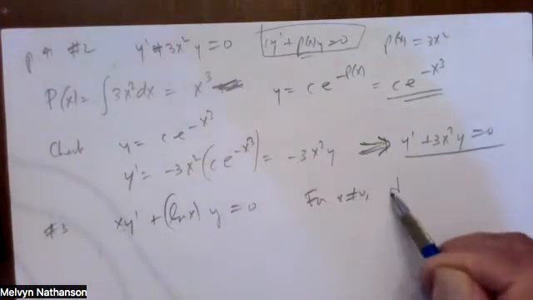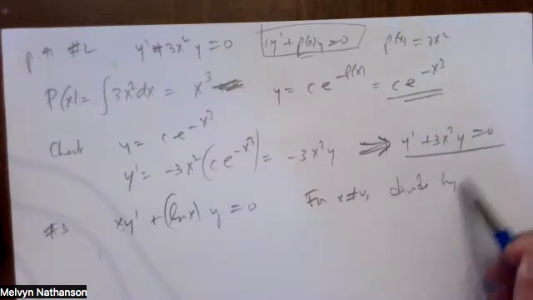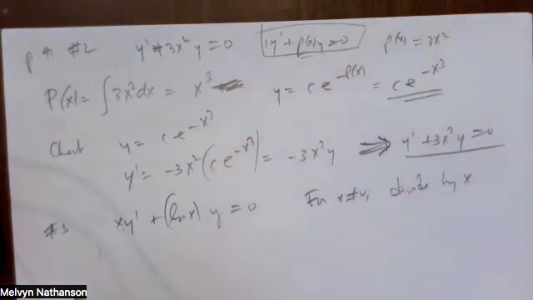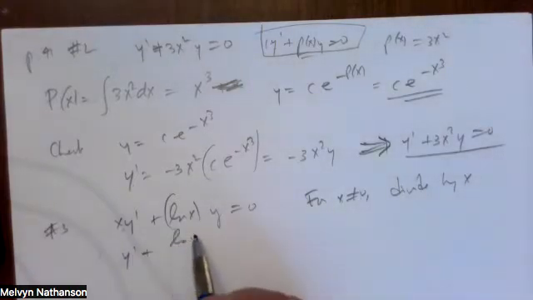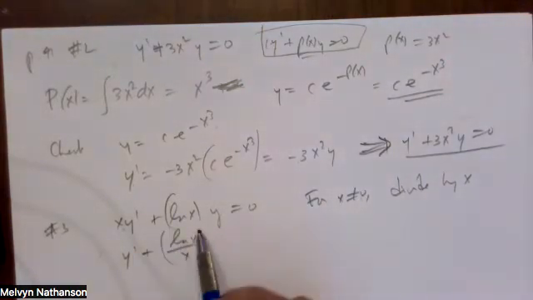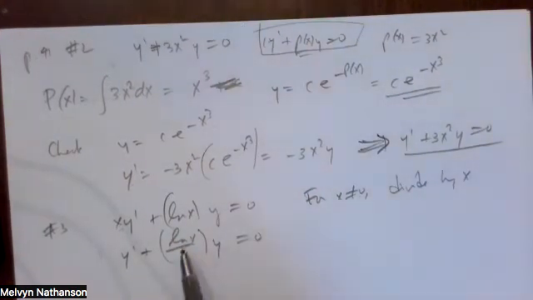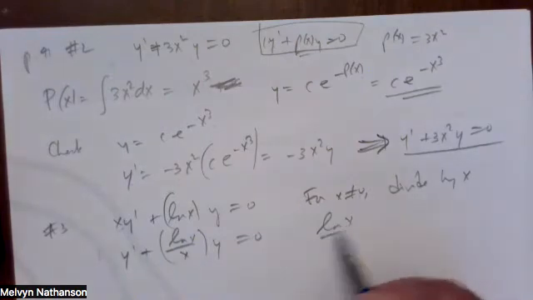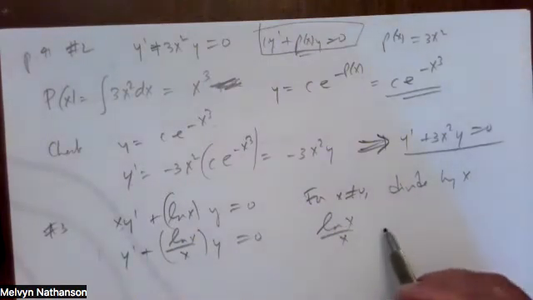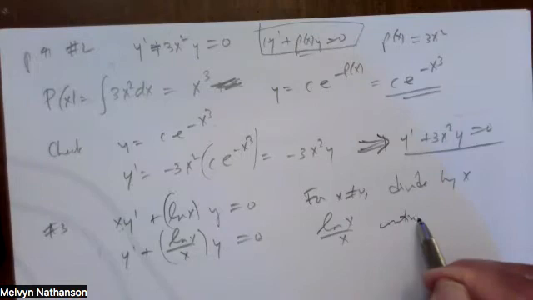For x different from 0, divide by x. So we get y prime plus log x over x times y equals 0. And log x over x is defined and continuous.